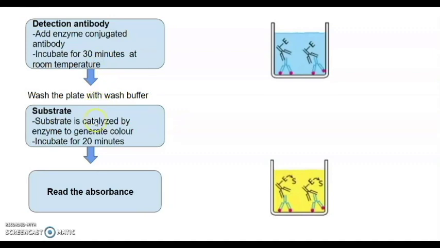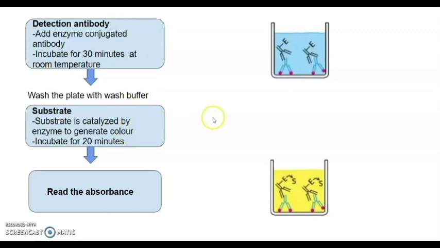Then we add a substrate, which is color reagent, into the microwells, and we incubate it for 20 minutes. We also can add stop solution into each microwell to terminate the enzyme substrate reaction.